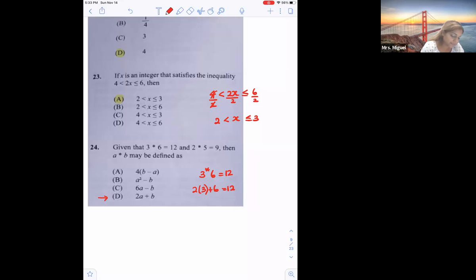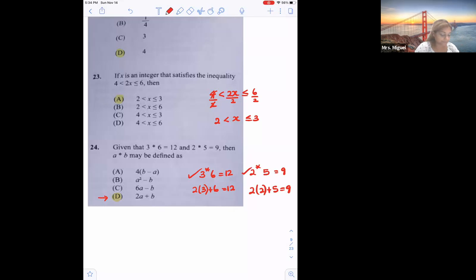So that works for this. Let's try 2 star 5 is equal to 9. So 2 by 2 plus 5 is also 9. So the answer is D as in dog. So we have to do it using trial and error. And rather than going from A to D, I tried the last one first, and it so happened that that is my answer.